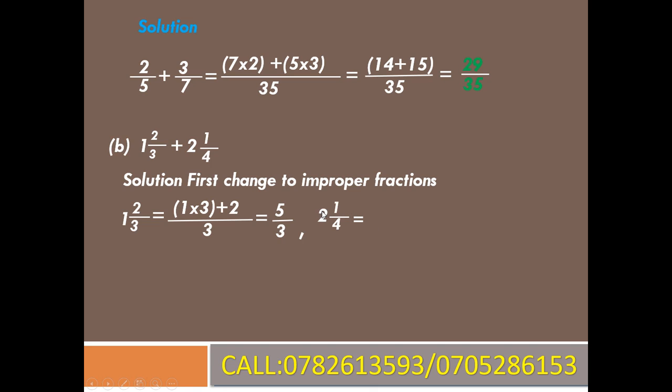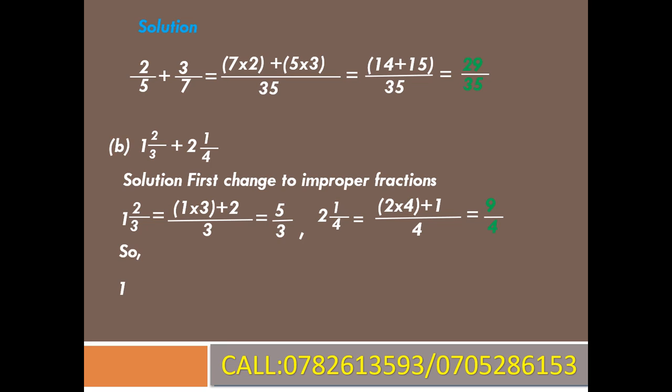We shall have 2 times 4, this whole number times the 4, and then you add the numerator, everything out of the denominator, which is 4. So that gives us 9 out of 4. We have now completed the first step. We have changed all the mixed fractions into improper fractions. Now the next step, we shall go ahead and add.